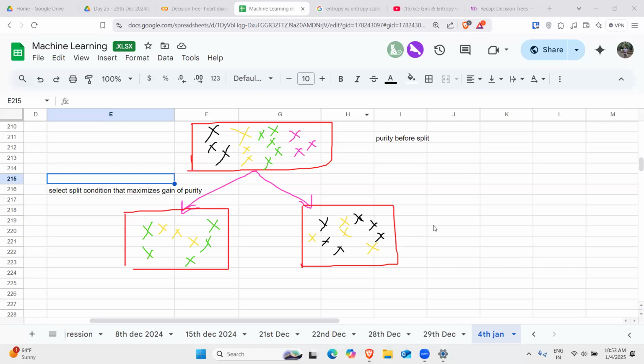So this is your purity after split, right?